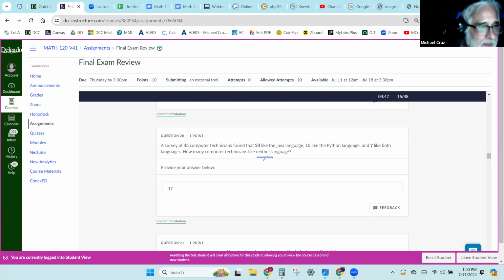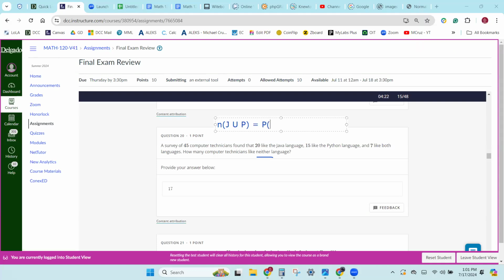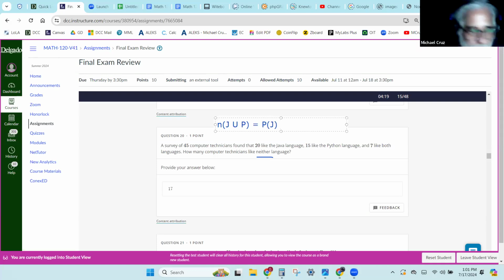If we do that, then the rest of them will be neither. So this is just the number of technicians. The number of technicians in Java or Python is equal to the number in Java plus the number in Python minus the number in both.